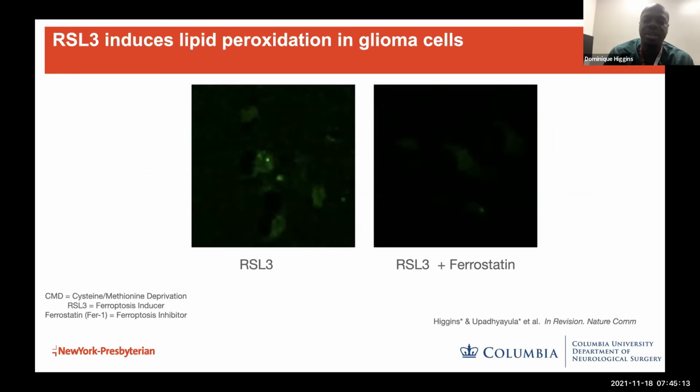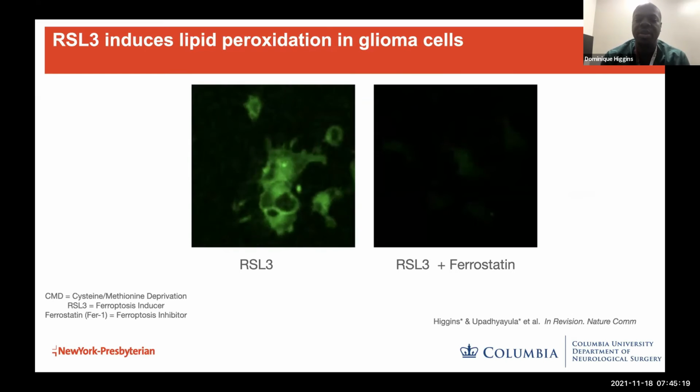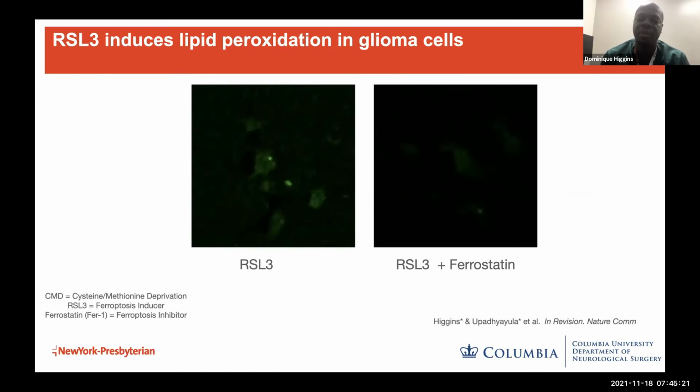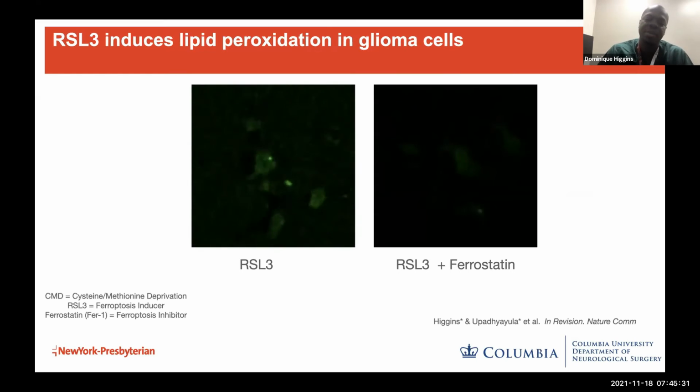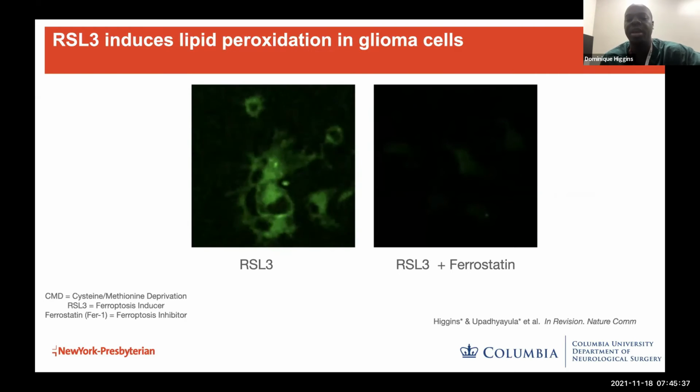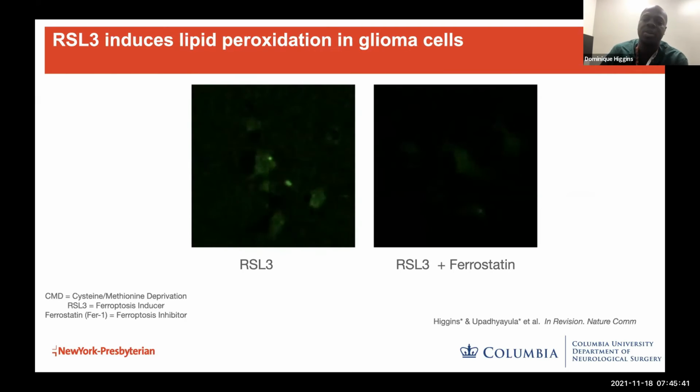And then in order to truly say it's ferroptosis, you need to have lipid peroxidation, and there's a molecular readout you can use by fluorometric assay. It's called BODIPY-C11, which turns bright green in the presence of lipid peroxidation. On the left, you can see a 2-photon live imaging of glioma cells being treated with RSL3, and then an increase in the green color, showing that lipid peroxidation is actively occurring with subsequent cell death.